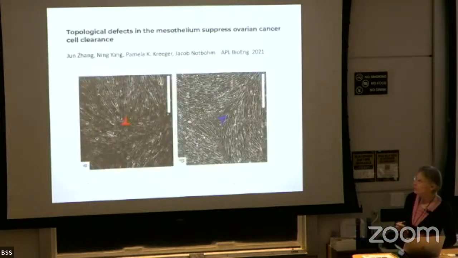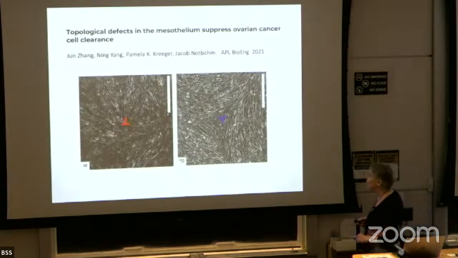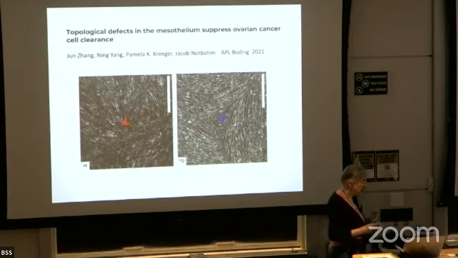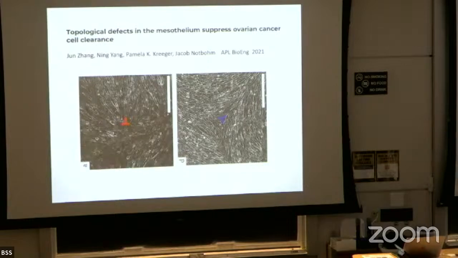The second example is topological defects in the mesothelium. The mesothelium is essentially a layer of cells which cover organs, and for cancer to spread, the cancer cells have to burrow through this mesothelium.